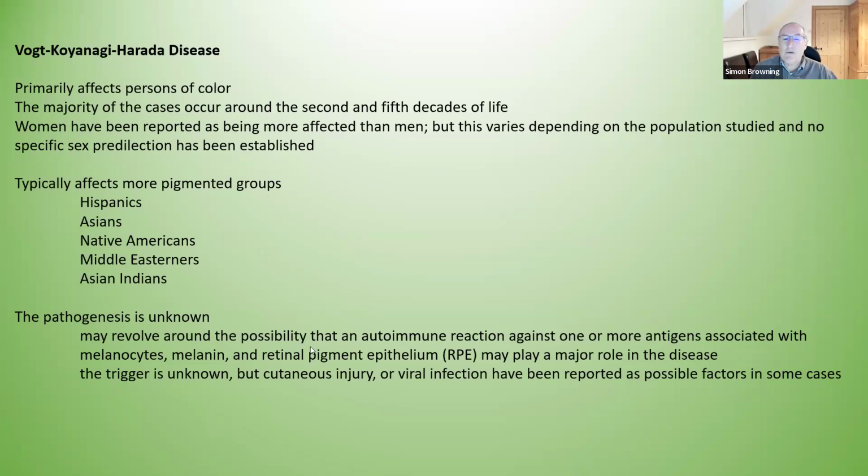Again, it's an autoimmune reaction. So these lesions you see on the retina are due to inflammation within the retina, and there is an autoimmune reaction to it. So again, we need to understand what's going on. We maybe don't know what the trigger is, but sometimes it can be cutaneous injury.